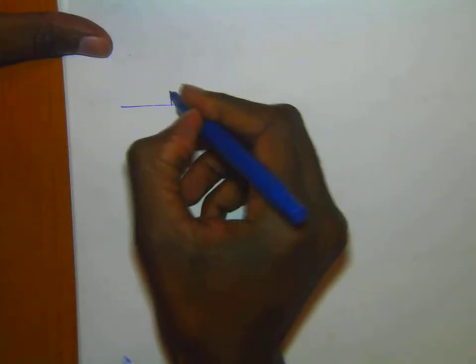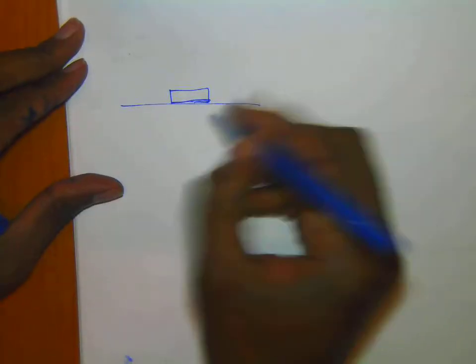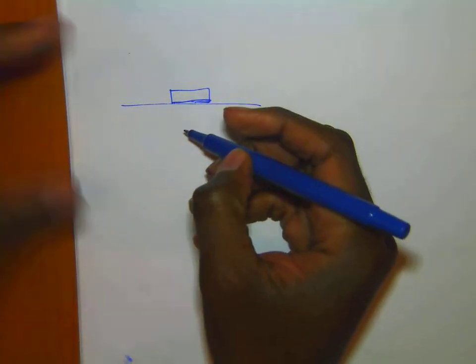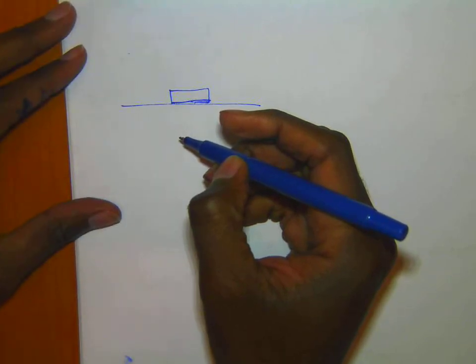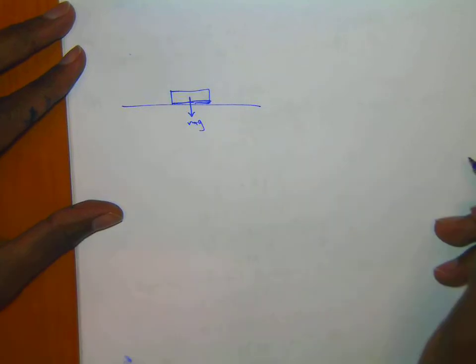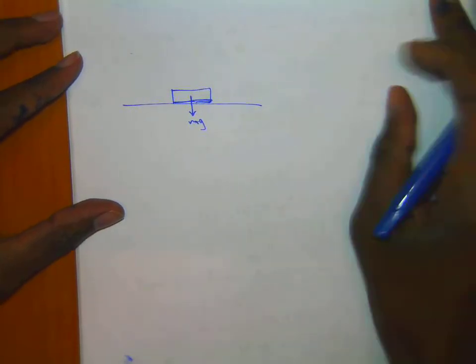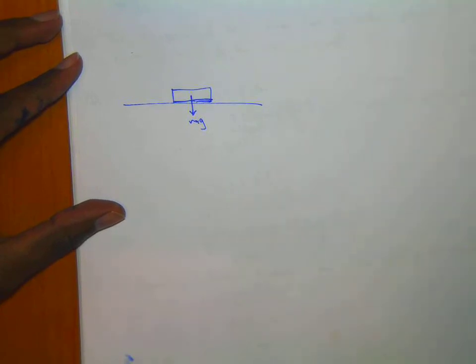So if I have a book resting on the table, is that okay? So what force is the book exerting on the table? So there's a weight. Is that okay? But is the book sinking into the table? Is it rising out of the table?